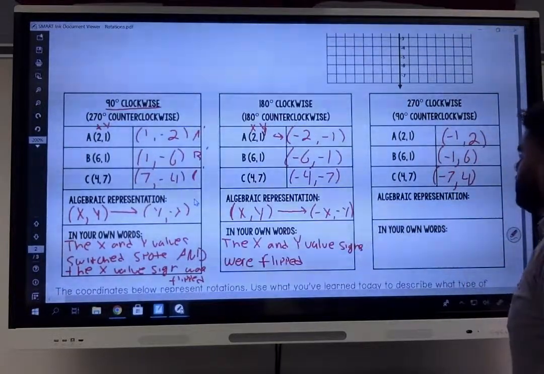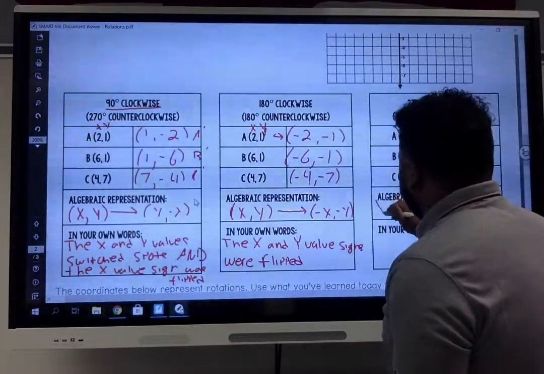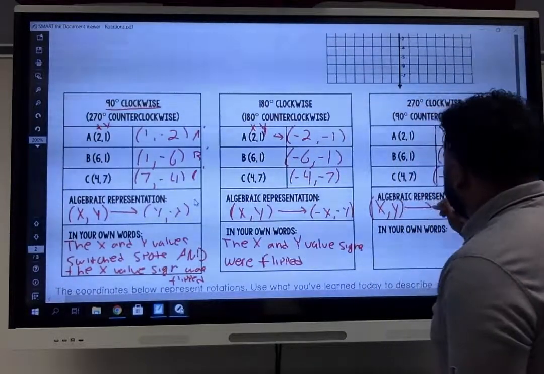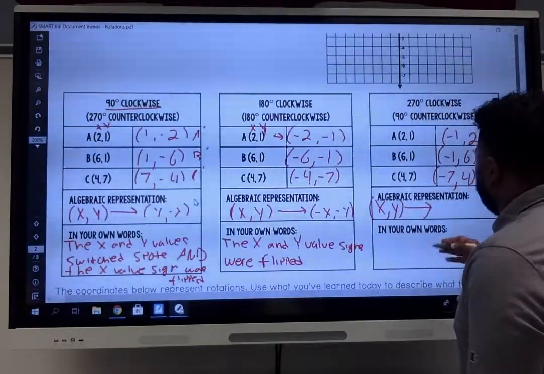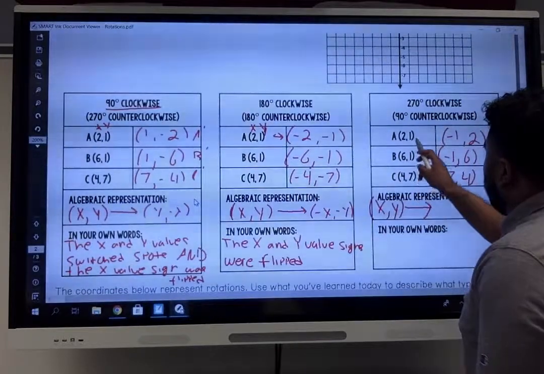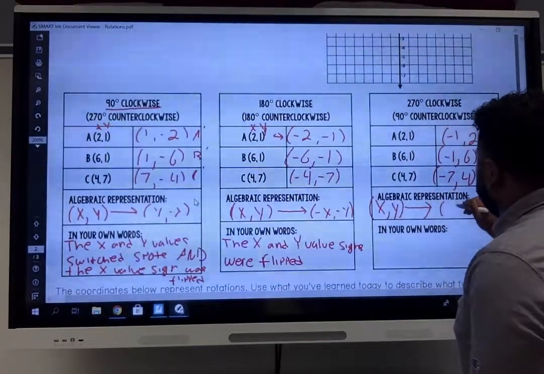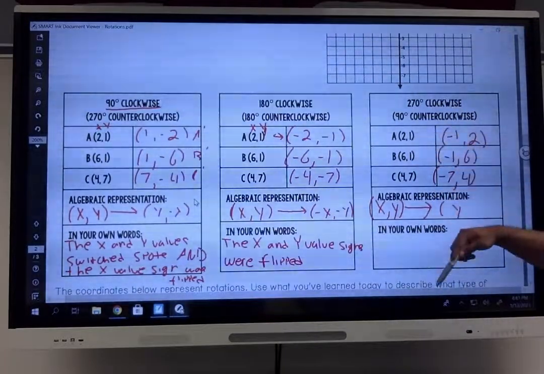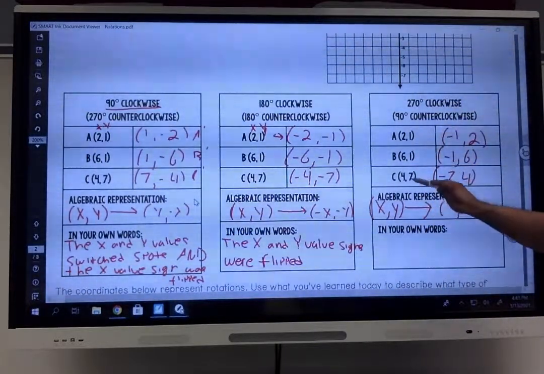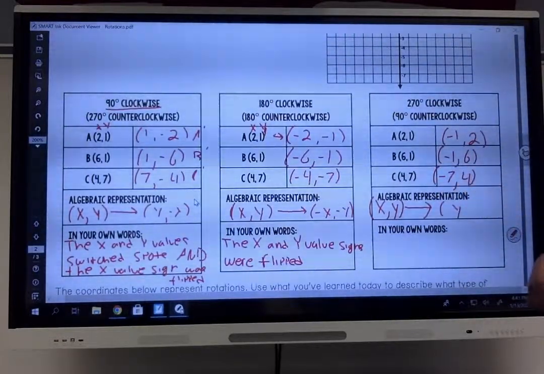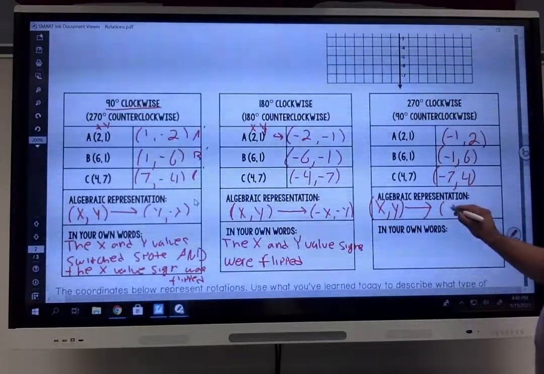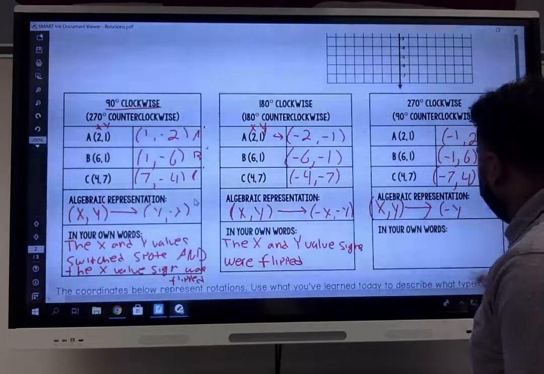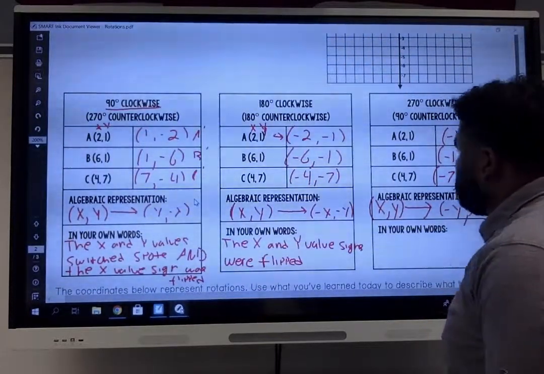So what happened here? Okay, well, we have x and y start out. Okay, that transformation happens. And then, well, our y went to the x spot, but also it changed signs, right? This changed from a positive 1 to a negative 1, positive 1 to a negative 1, and positive 7 to a negative 7. Okay? So this is now going to change, and we're going to put that negative sign in front of x.